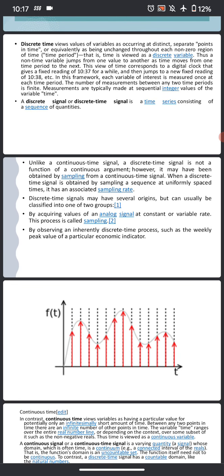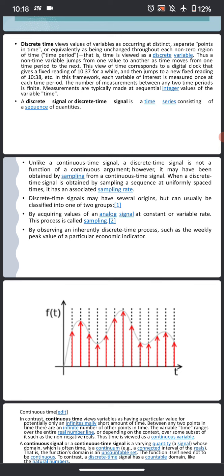Unlike a continuous time signal, a discrete time signal is not a function of a continuous argument. However, it may have been obtained by sampling from a continuous time signal. When a discrete time signal is obtained by sampling a sequence at uniformly spaced times, it has an associated sampling rate.